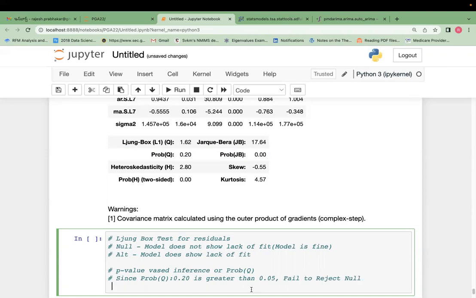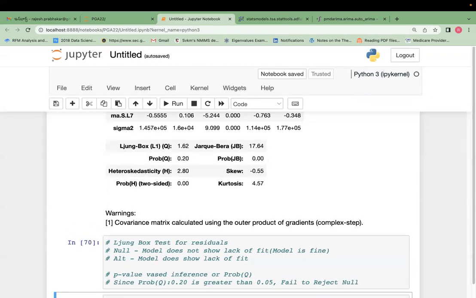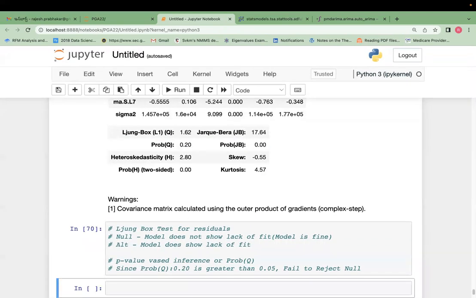That means we are accepting the null. That means the model is fine. So this is a good fit model.